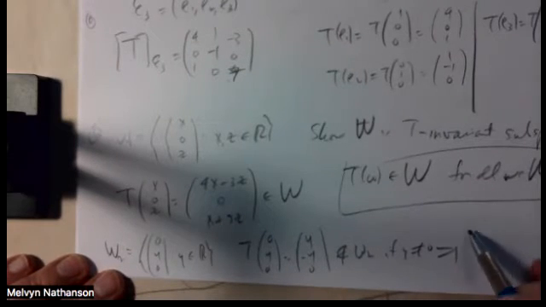So that means this W2 is not T invariant. Because it's not the case that the linear operator T maps every vector in W2 to a vector in W2. So for example, if you took 0, 1, 0, that would get mapped to 1, minus 1, 0. First coordinate's non-zero. So that's part C.